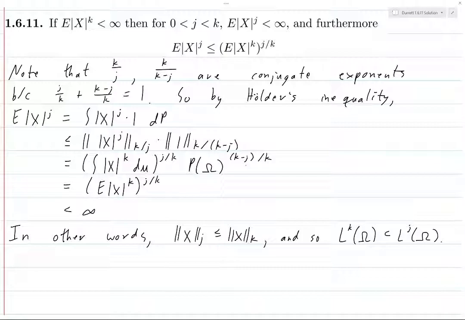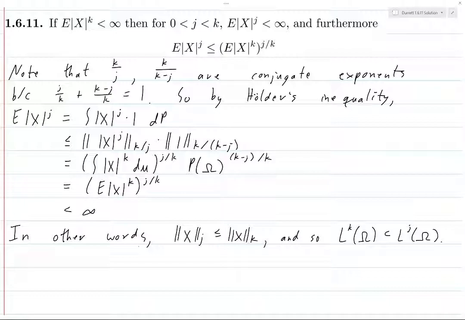And furthermore, what we prove in Folland is that this doesn't only hold for probability spaces in which the space has measure 1. This fact holds for any space which has finite measure.